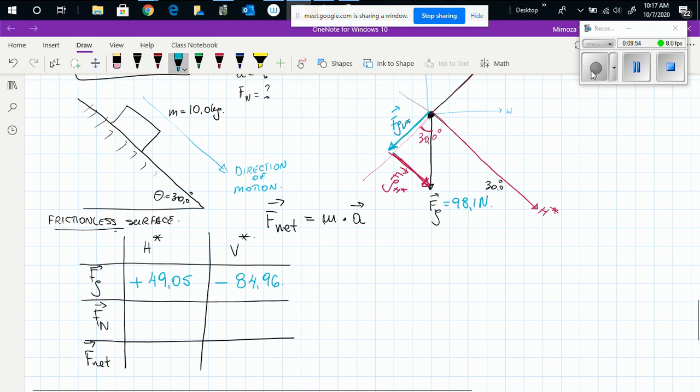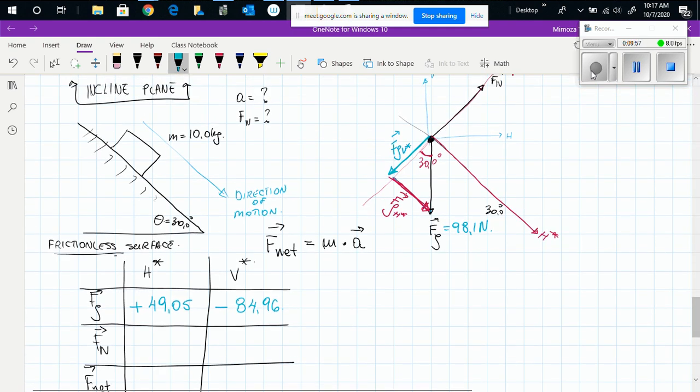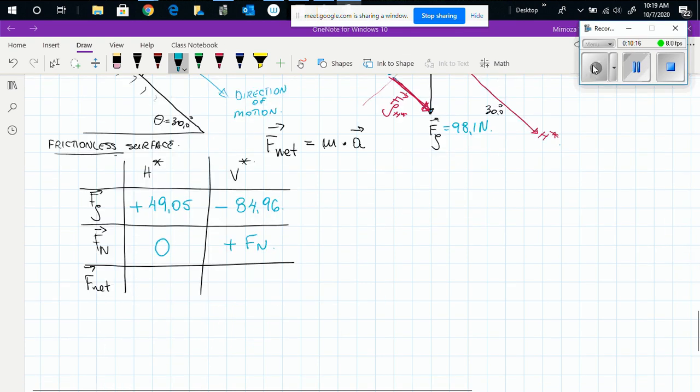Now the horizontal component of force net on the new set of axes is equal to 0, and the vertical component of force net in the new set of axes is positive force net. Is this clear? Now, the object with mass 10 kilograms is moving along the horizontal, in the positive direction of the new horizontal axis that we have assigned.